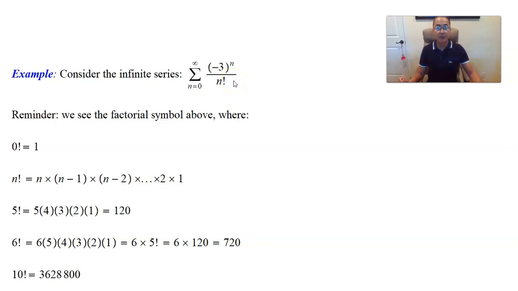There's actually a nice bonus result here, and it comes from the divergence test. More accurately, it comes from the contrapositive of the divergence test. If you remember from that video, we said that if the terms of a series do not go to 0, then the series must diverge.